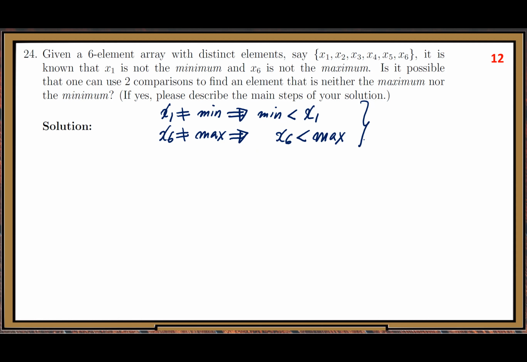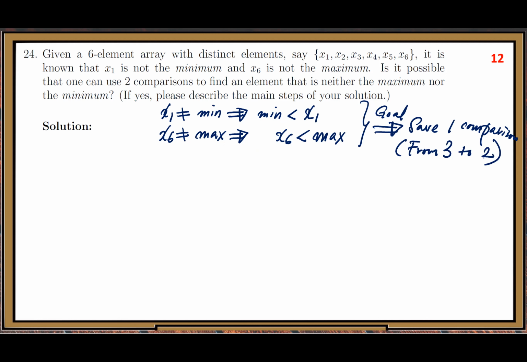Otherwise, you cannot save one comparison. So the goal: save one comparison. Because that's from 3 to 2.